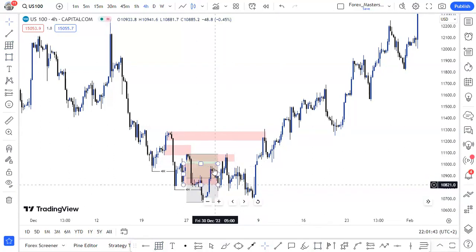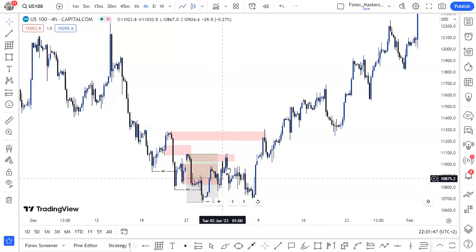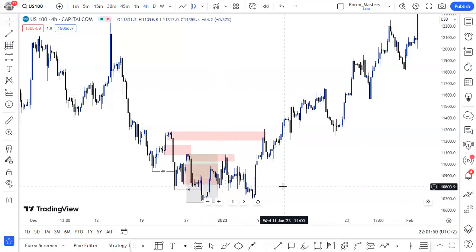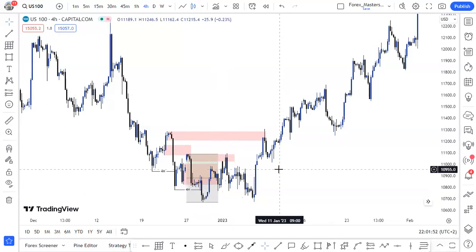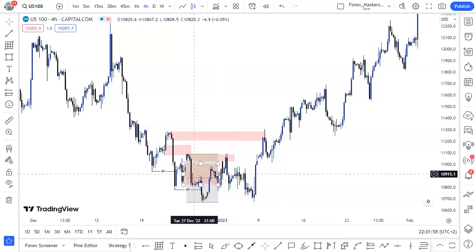So you can see price came into it, then tried to push to the downside, failed, then broke through it, and what happened? Price started going to the upside. So it's quite a nice zone, but it's too big and it's not properly priced, because what we need is a zone that is properly priced.